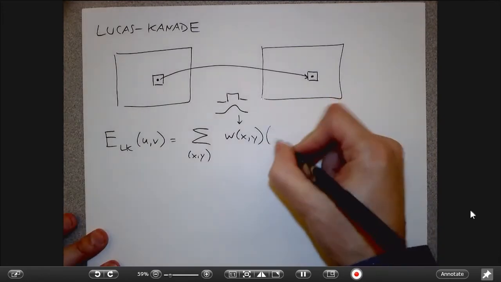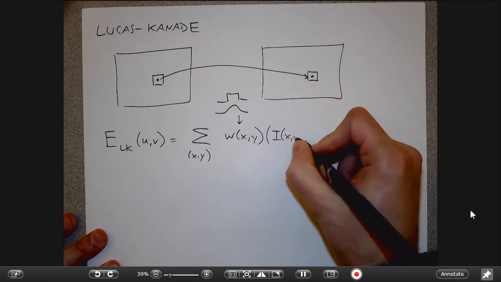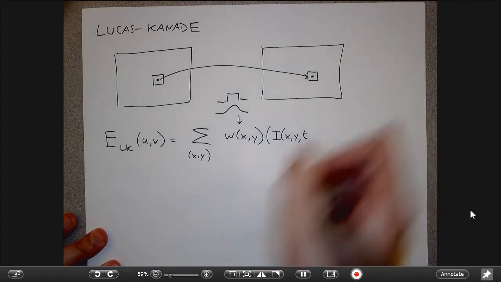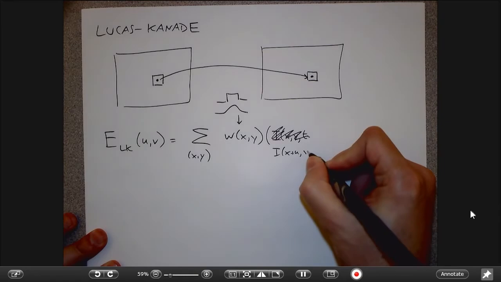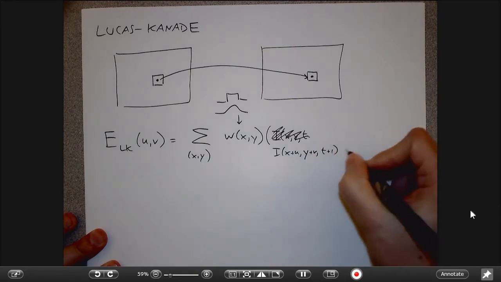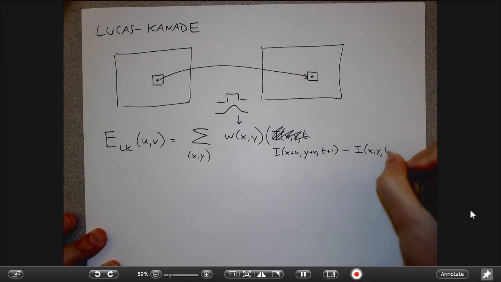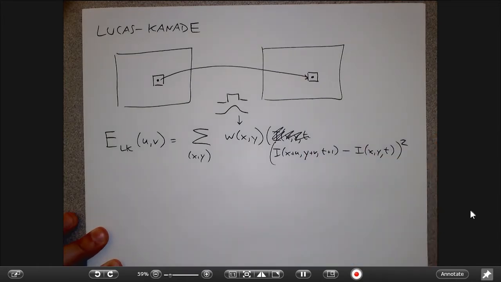And then within that region, I want to look at the pixels here and the pixels over here, and I want to minimize this energy function, right? That's like saying that over the window, I want this number to be as small as possible. Again, I'm using the brightness constancy assumption, but I'm also making the implicit assumption that locally the UV vectors inside that window are all the same for that local neighborhood. Okay.